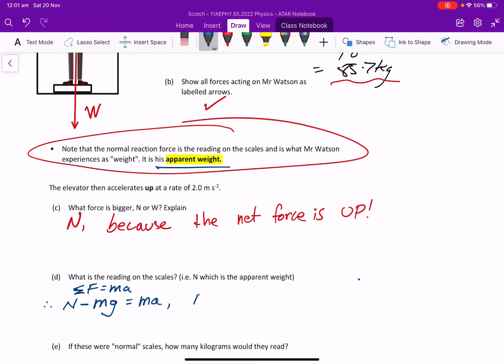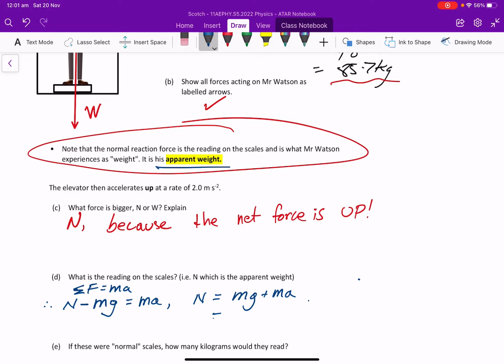So that's really saying N is equal to mg plus ma. And guys, you're always going to feel ma heavier or ma lighter in a lift or any fairground ride or anything like that. Ma heavier or ma lighter. And that's because the difference between the two forces acting on you is always equal to ma.